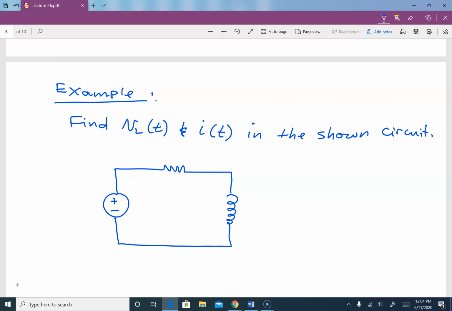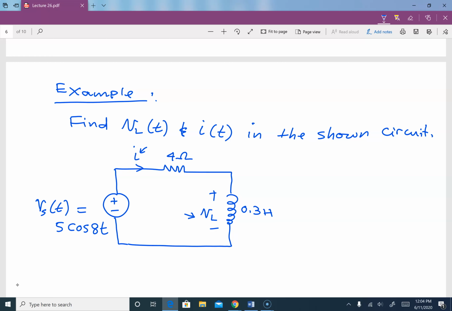This is our Vs of t, which is equal to 5 cosine 8t. This is the current I, that is 4 ohm. This is 0.3 Henry, and this over here is VL. So we need to find the current I and the voltage across the inductor VL.